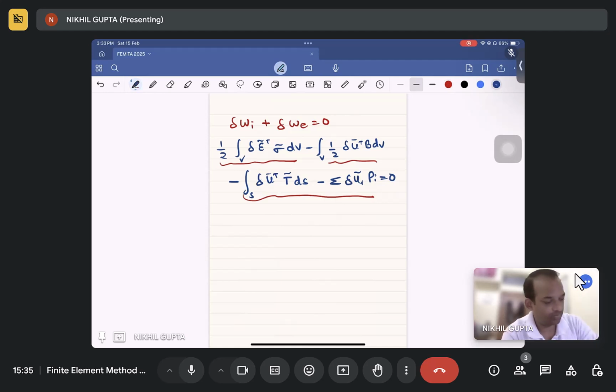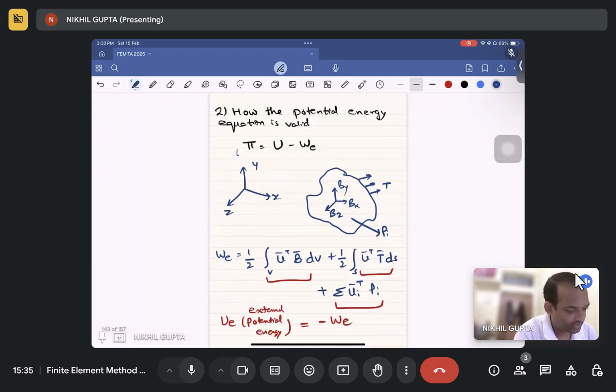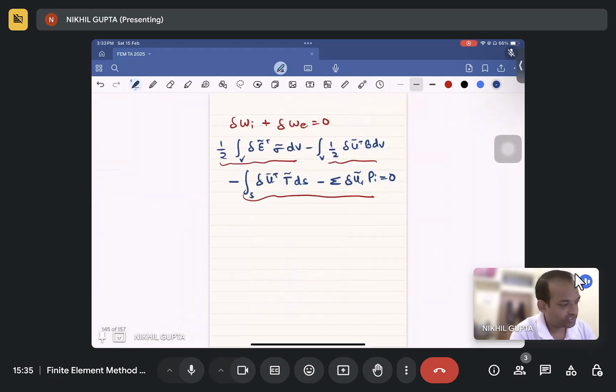Now, to get the correct formula like this, we have to understand one more principle, which is the principle of stationary potential energy.